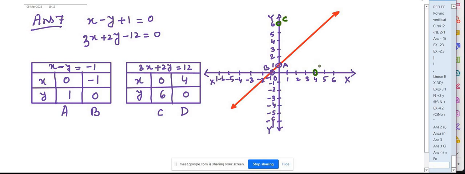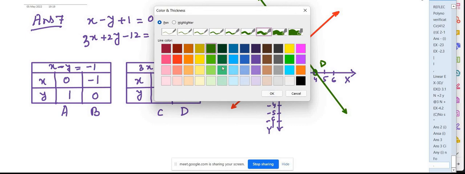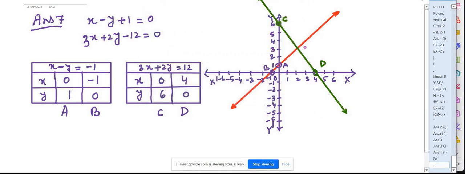So this is point C, this is point D. Then join it. Now these 2 lines intersect at point P.